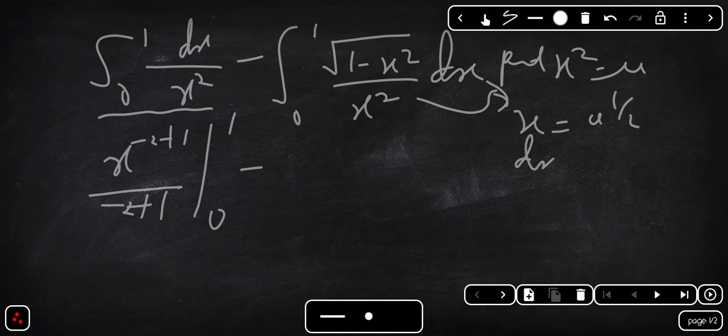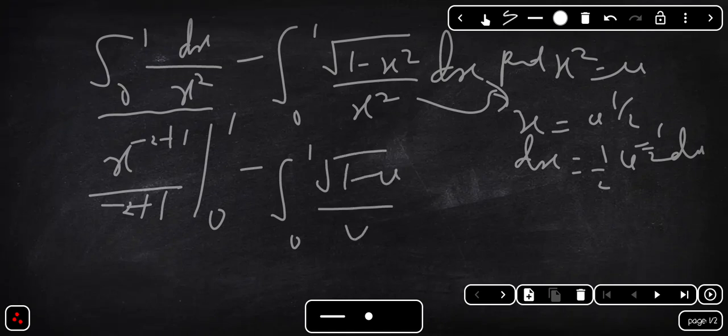Then dx will be equal to 1 over 2 u raised to minus 1 over 2 du. Okay, so this one will be the integral from 0 to 1 of square root of 1 minus u over u, then dx will be 1 over 2 u raised to minus 1 over 2 du.